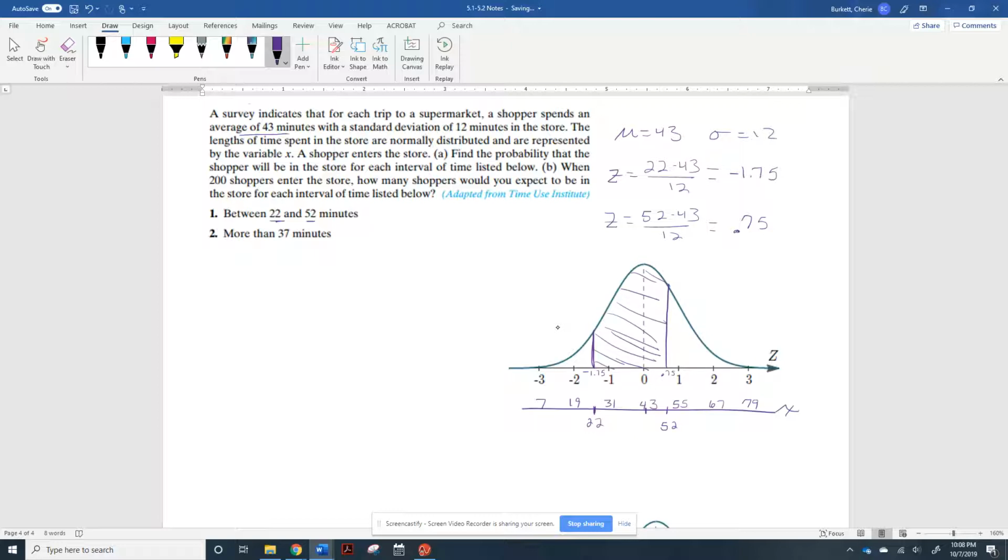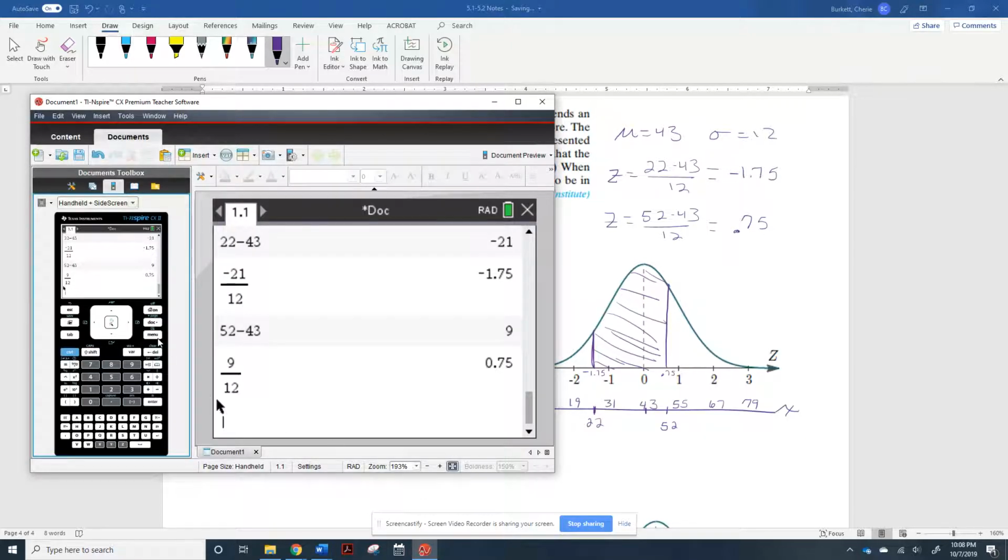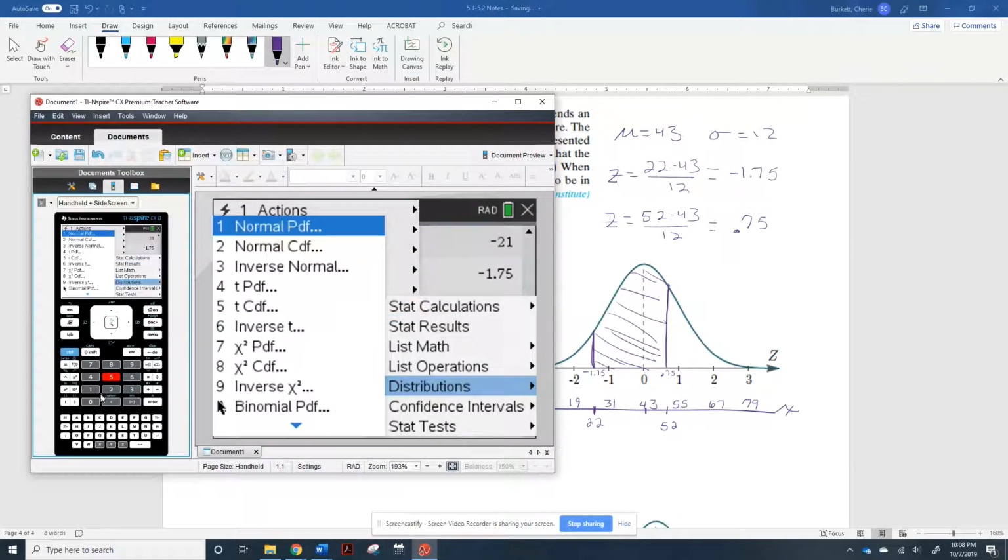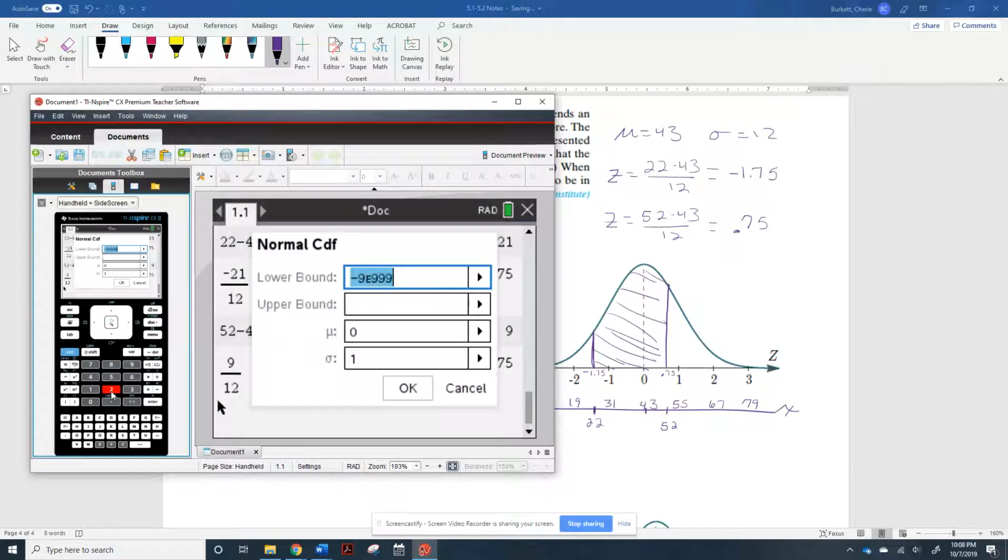So I'm going to do it on the calculator. I'm going to do menu 652. My lower bound, or my starting point, if I use X values, is 22. My stopping value is 52. My mean is 43 and my standard deviation is 12.